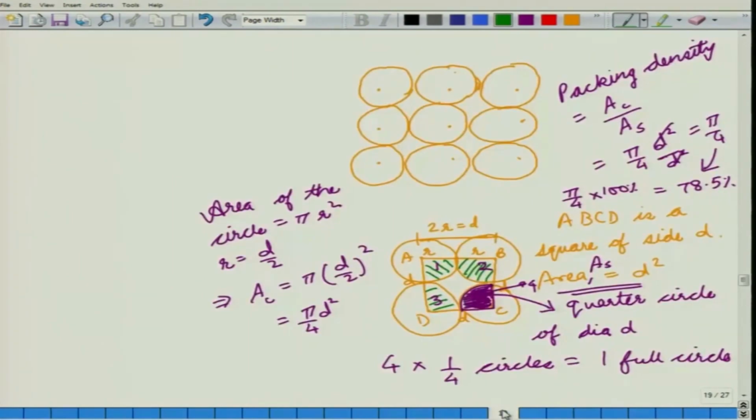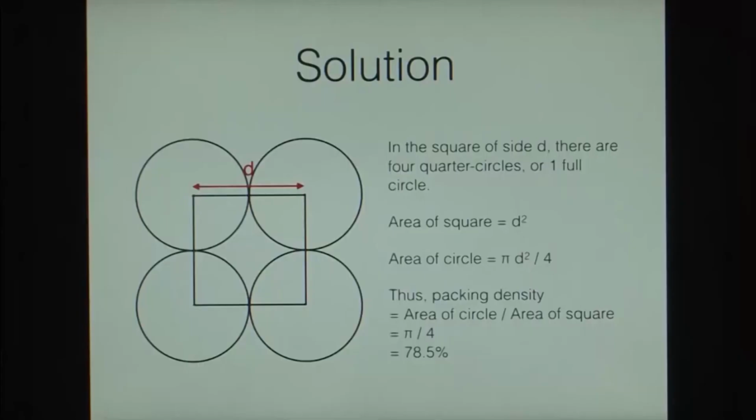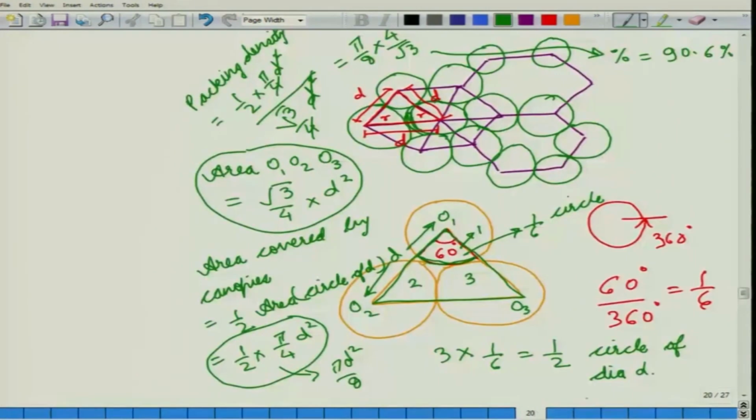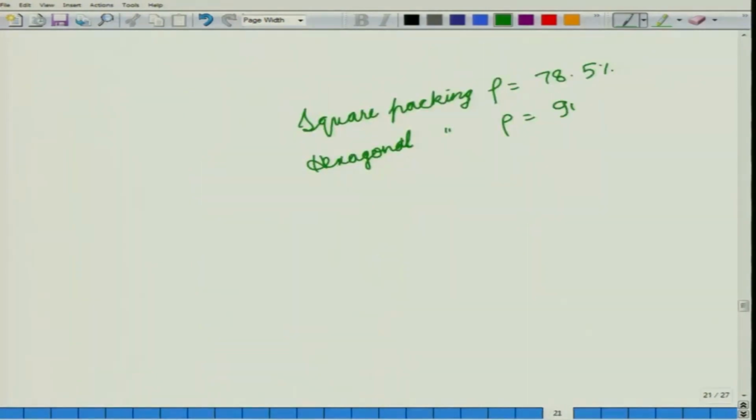So, in the last slide we saw that the packing density in the case of a square packing is 78.5%. So, if you consider a square packing, the density is 78.5%, whereas in the case of a hexagonal packing, the density is equal to 90.6%.